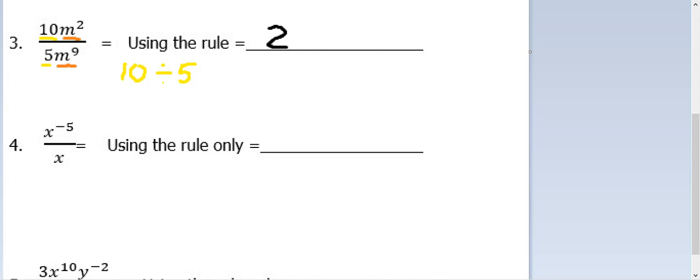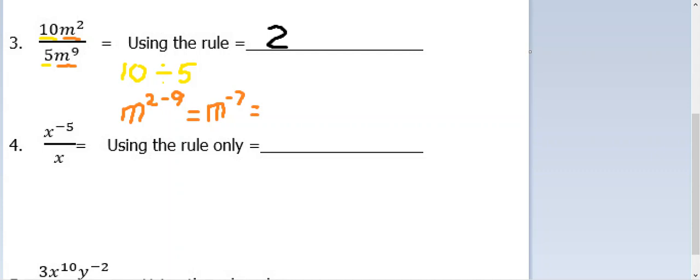So on the numerator, at the top of the fraction, I have m to the second power, and in the denominator, the bottom of the fraction, I have m to the ninth power. So what you do is numerator exponent, which is 2, minus denominator exponent, which is 9. And I know 2 minus 9 gives me negative 7. If you recall back to our previous classes, we know we can't have a negative exponent there, right?